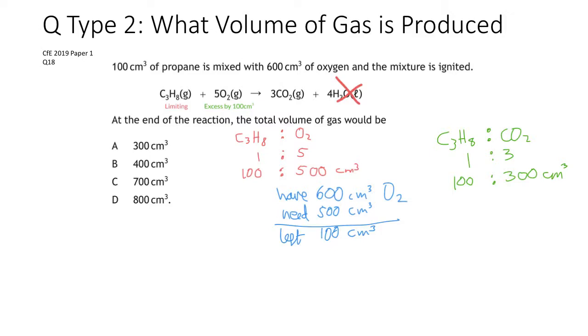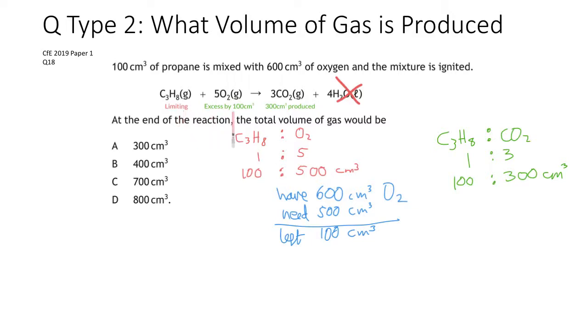Same temperature, same pressure. 1 mole of propane would take up the same volume as 1 mole of carbon dioxide, but I have 3 times as much carbon dioxide, so it's 3 times the volume.